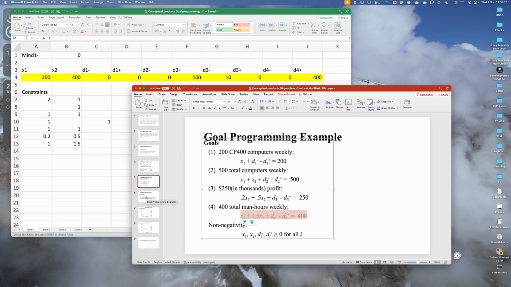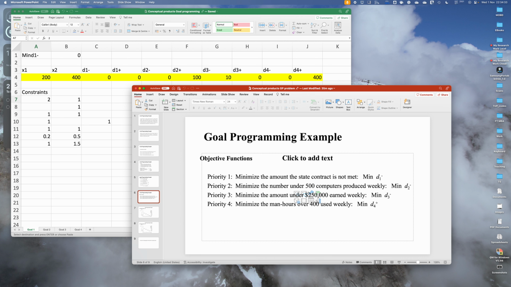The next task is to decide which deviation variable we need to minimize, because that is our concern. For example, if I meet the state contract, that means if I overachieve the goal, that is fine with me, but if the minimum amount is not met, that is problematic for me.